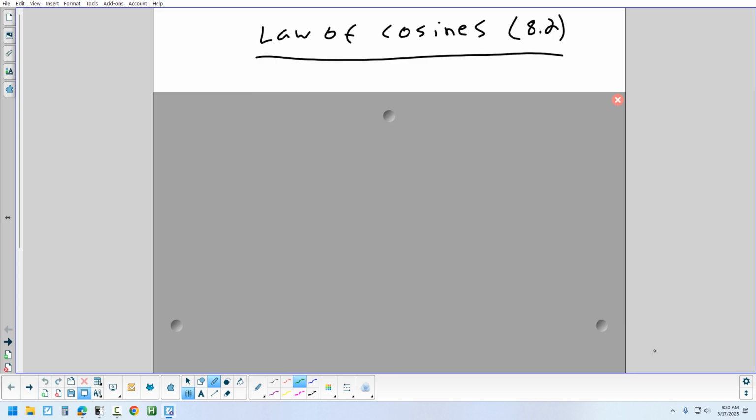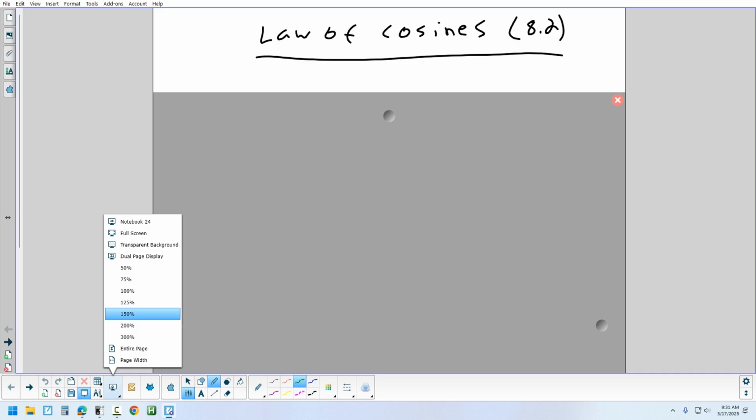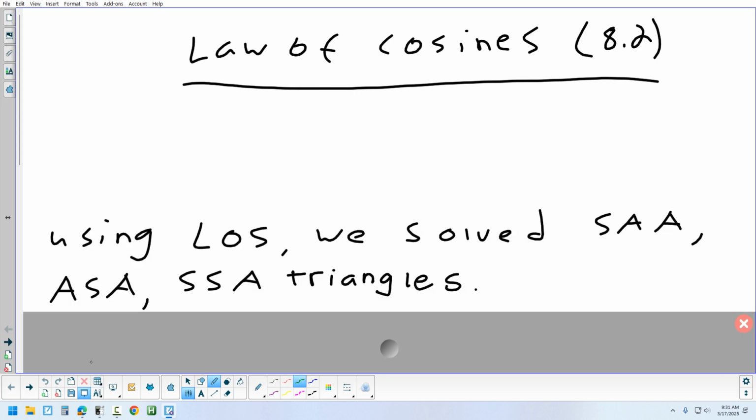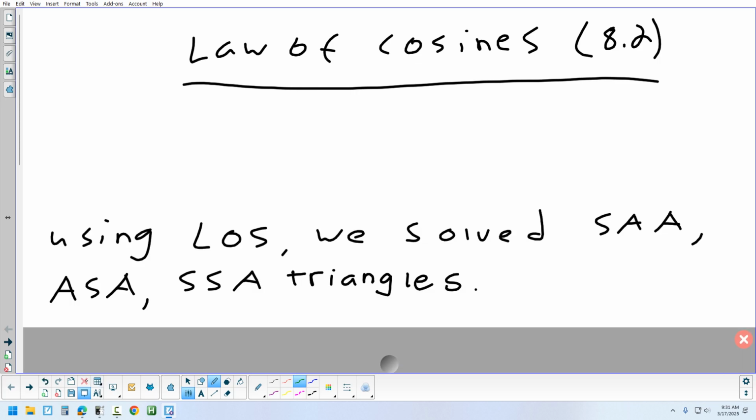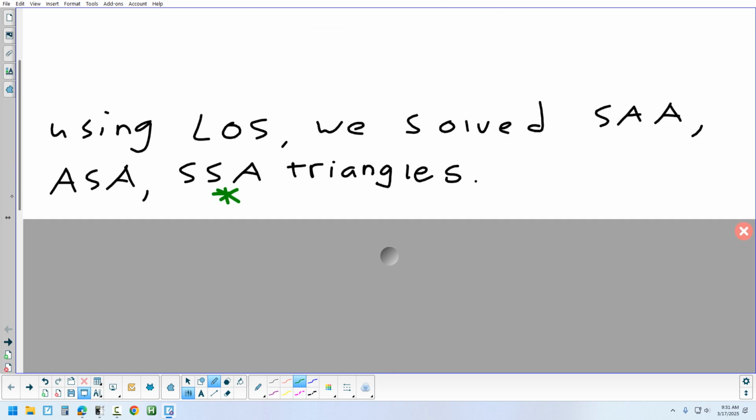All right, so the last formula we're going to look at for solving triangles is law of cosines. We've already gone through what you can use law of sines for: side angle angle, angle side angle, side side angle. Remember, side side angle is the one we have to be a little bit careful with because you can end up with no solution or 2 solutions.